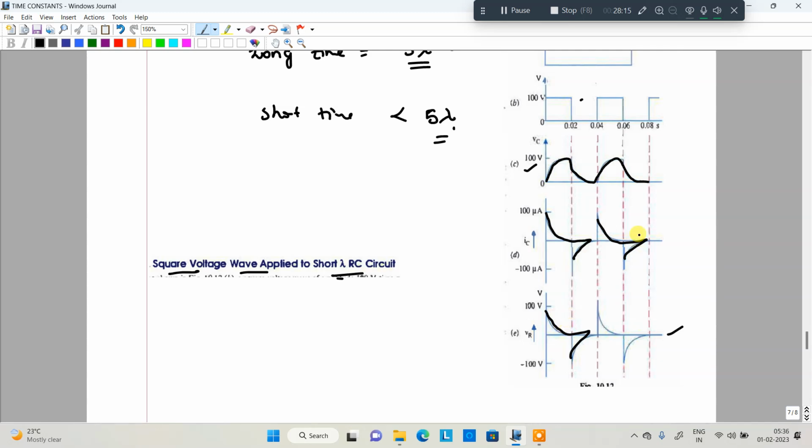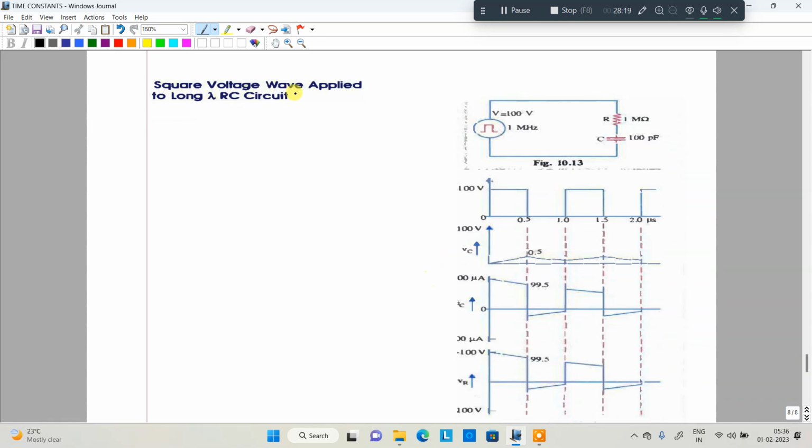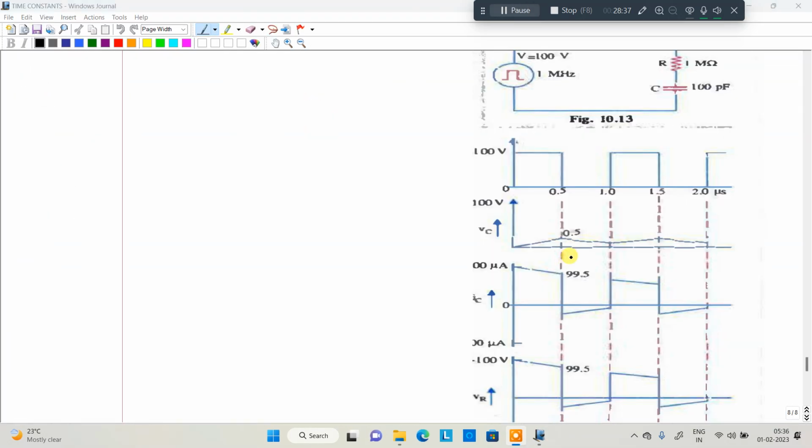For example, if I connect a square voltage waveform with a long time constant, what will happen here? Whenever you apply a long pulse width of up to 0.05, the voltage reaches the maximum, up to 5 time constants.